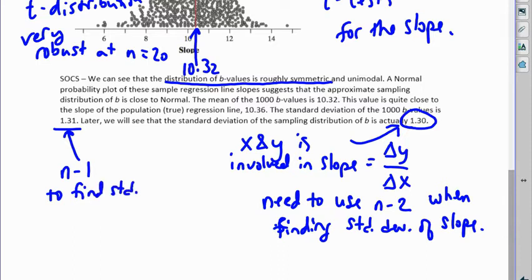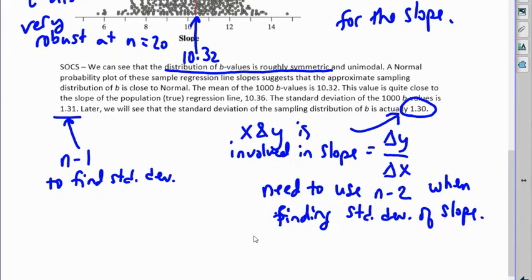I don't know if you remember way back in chapter 7 looking at unbiased versus biased estimators. That would be if in repeated sampling, are we going to get close to the true value? In this case, using n minus 1, it's a biased estimator, meaning that it's going to either overpredict or underpredict.